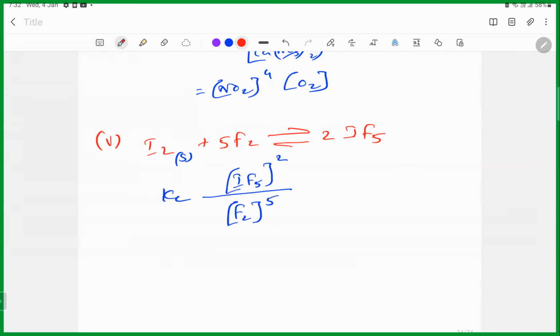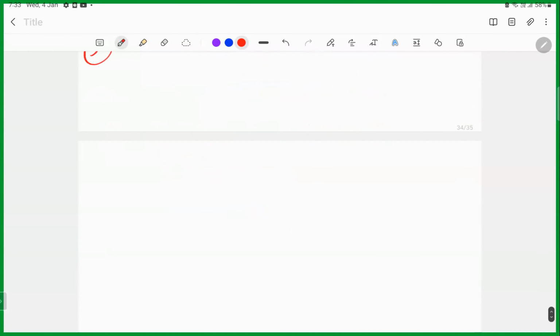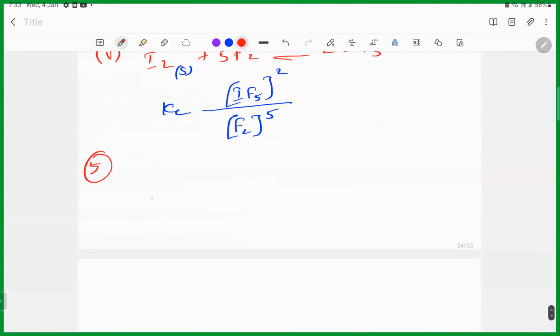The next question. Find the Kc value for the following equilibrium from the value of Kp. What is the relationship between Kp and Kc? When you have the Kp value, you can calculate Kc. Kp is equal to Kc into RT power delta Ng. So this is the equation. They are given 2 NOCl at equilibrium becoming 2 NO and Cl2 gas.